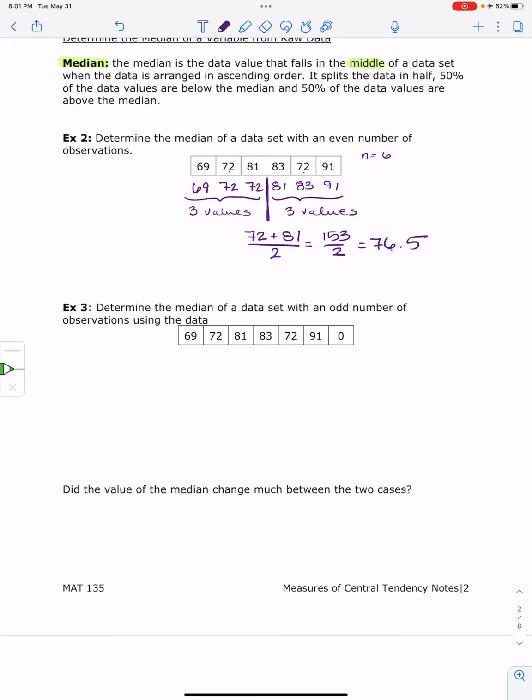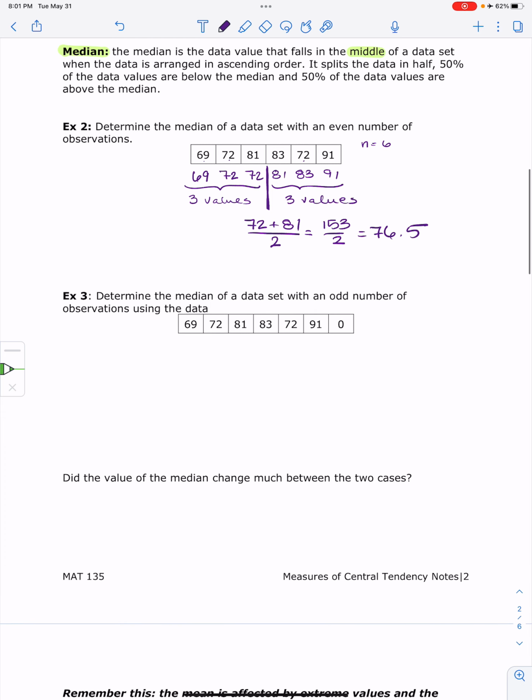Okay. Now we're going to take a look at example 3. When we add that 0 in, again, our sample size here, our n is 7. I do need to rewrite these smallest to largest again. That is the most common mistake as we find medians. This time, if I want to divide the data set in half, I have an odd number of values.